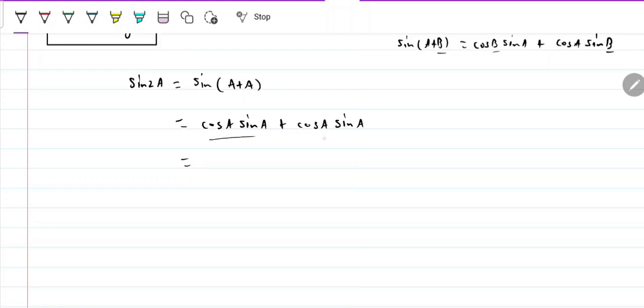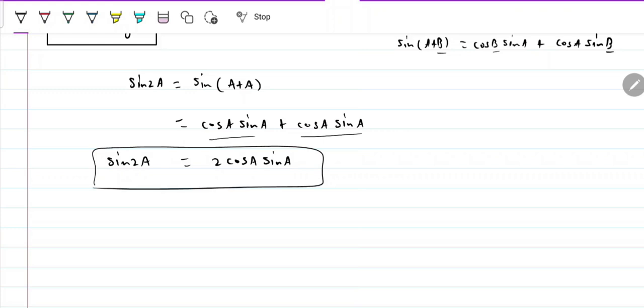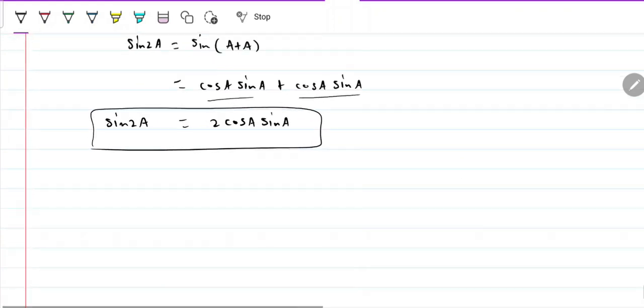And that's just two of the same thing adding together, right? So that's 2 cos A sine A. That's sine 2A, right?